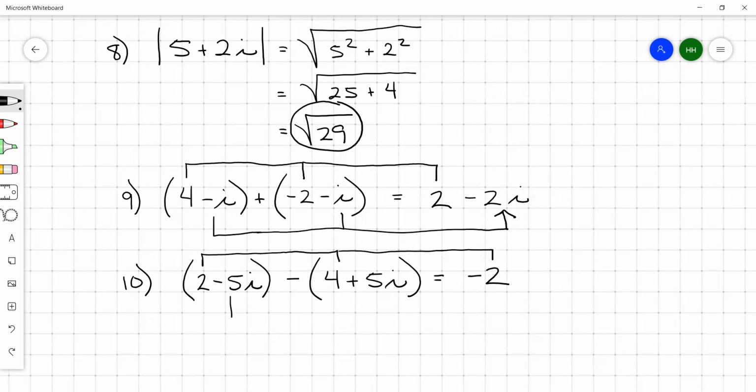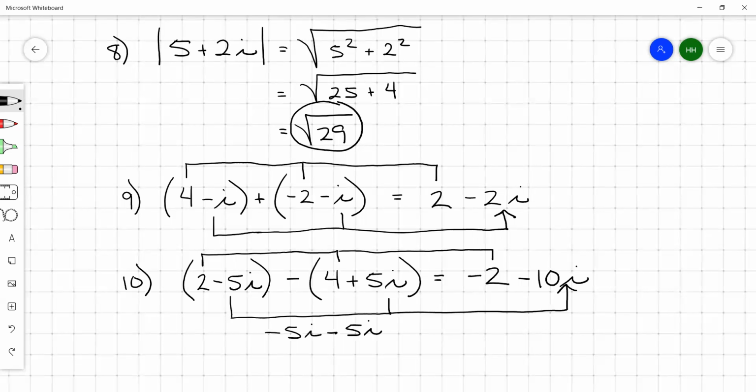You have negative 5i minus 5i. That's negative 5i minus 5i, that's negative 10i. You can type it in your calculator if you need to. Negative 5 minus 5, you get negative 10.